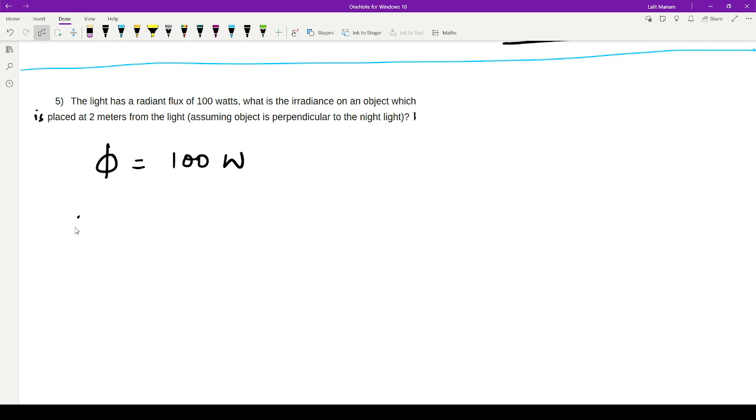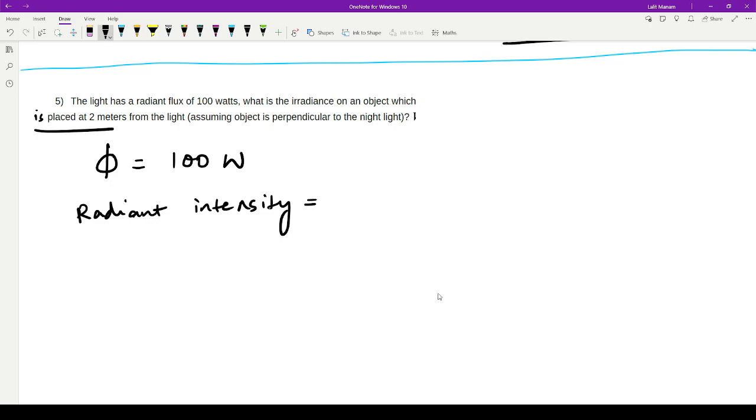We are just given that it's placed 2 meters away from the light. So what can we do? We'll consider it as a sphere. You might want to complicate things, it's fine, but ultimately I'll take the easy way. Probably I'm lazy.